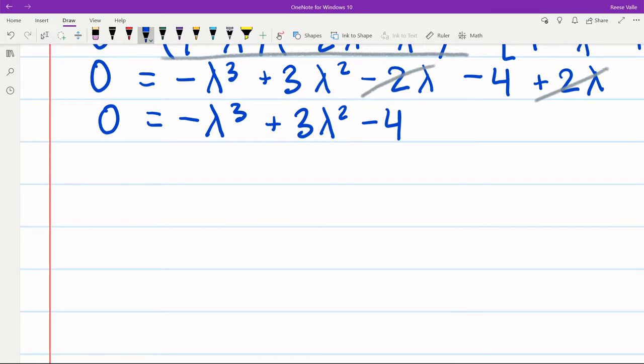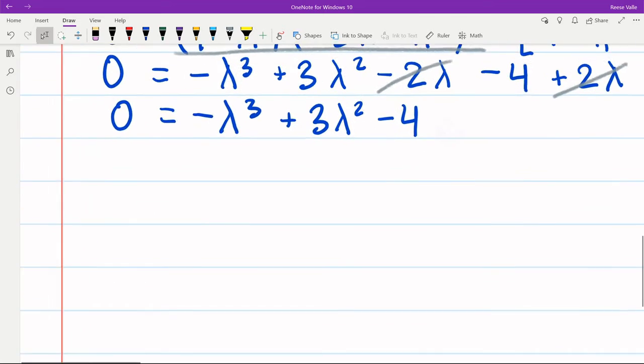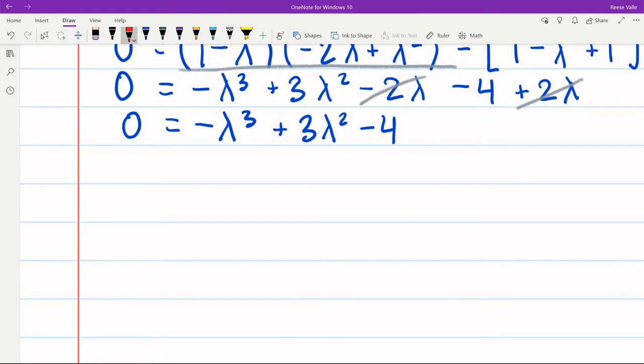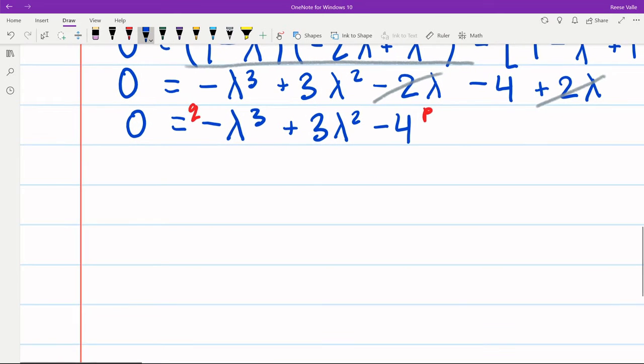I used P's and Q's, and I'm just going to assume that you know how to do P's and Q's. This is going to be the Q's, this is going to be the P's. And hey, we're going to try negative 1. It's going to be negative 1 on top, 3, 0, negative 4.